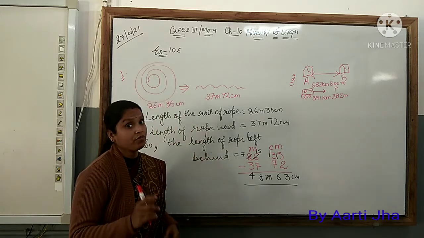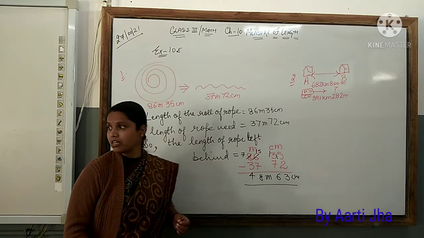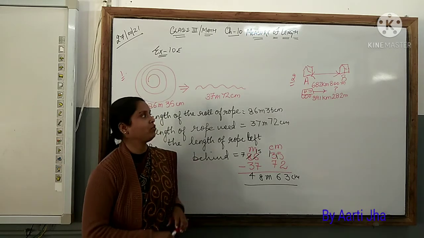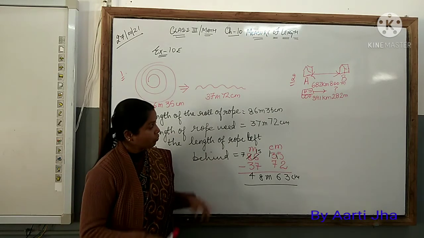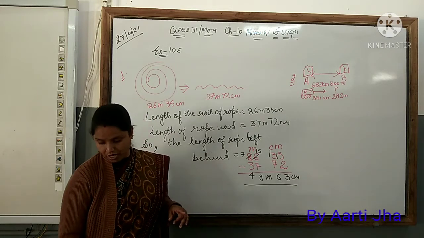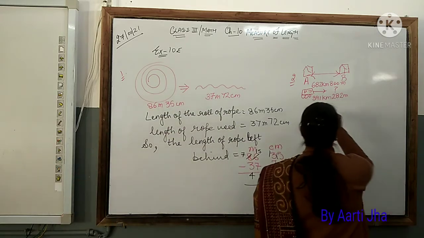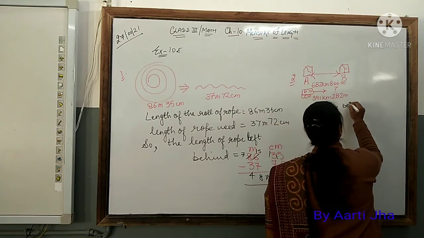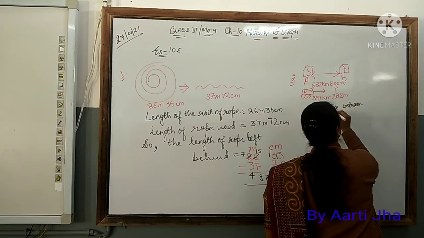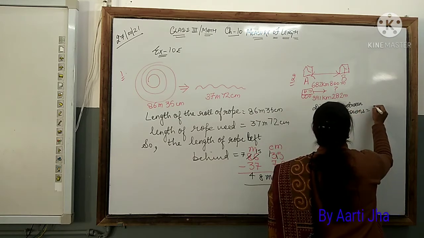So again what we will do, we are going to find out the remaining distance that is left. So for that reason we will do which operation? Subtraction. Okay children. So what will be the first sentence? Total distance between the two towns is, you will be writing this.